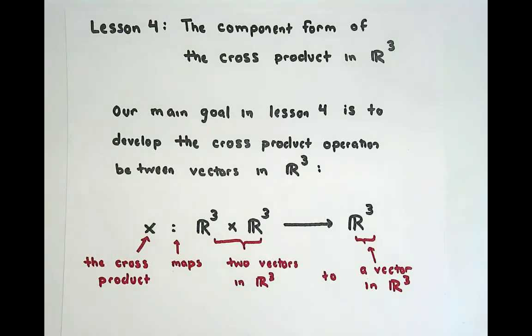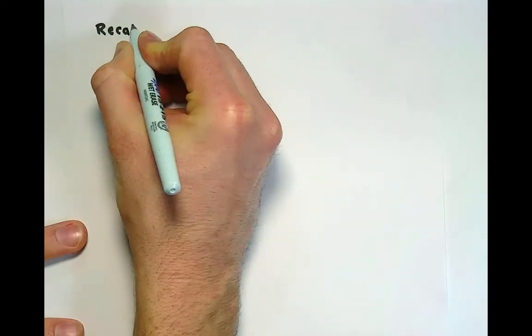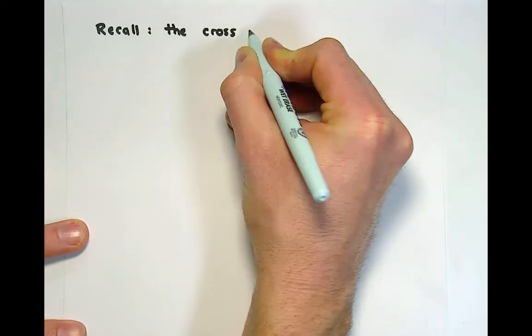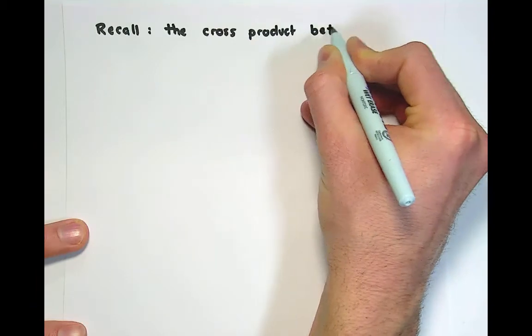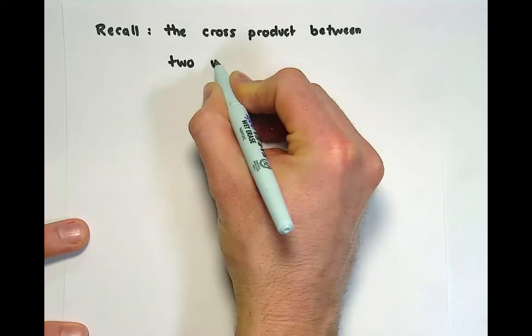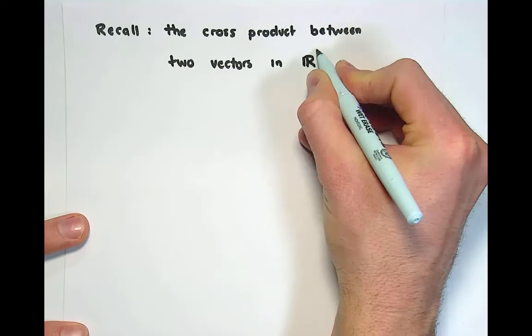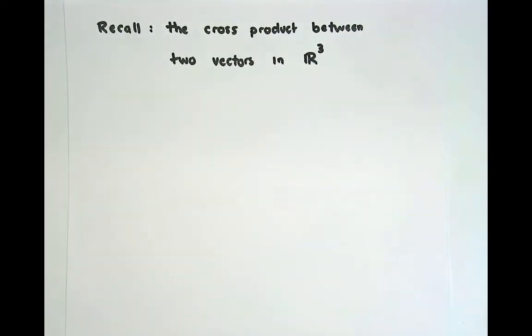In order to develop the cross product, we're going to go back to the main uses of the cross product. Recall the cross product between two vectors in R3. Perhaps we call those two vectors x and y.